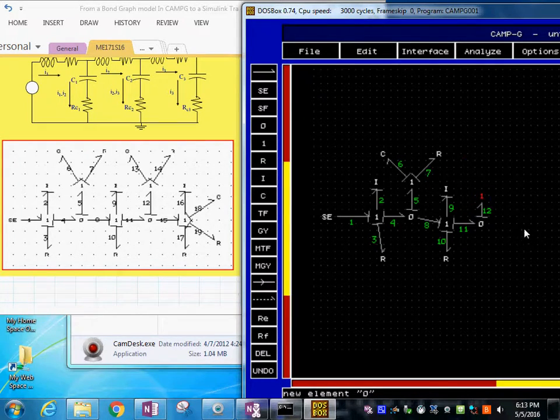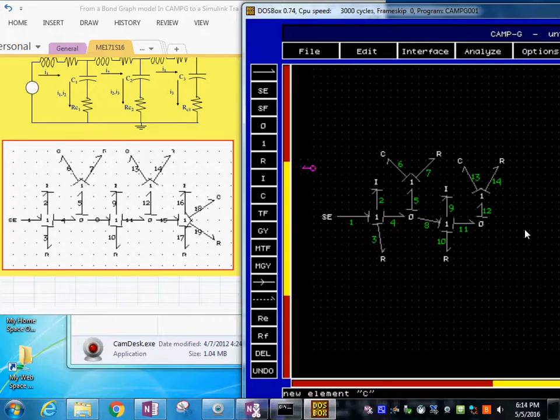Then we have the C element over here to give us this, and then the R element, which is down here. Yeah, there.